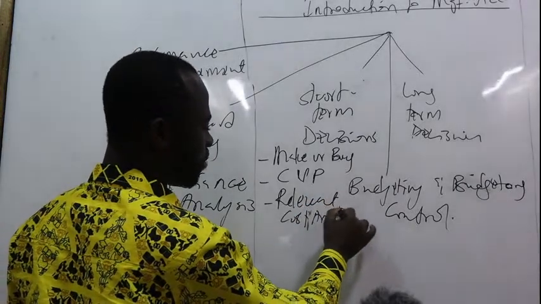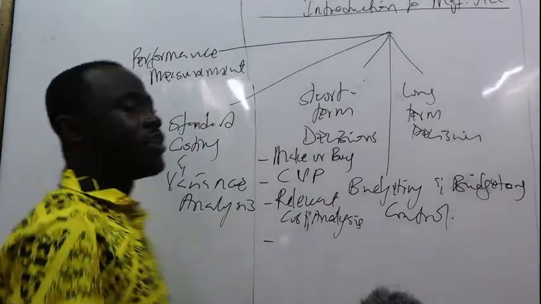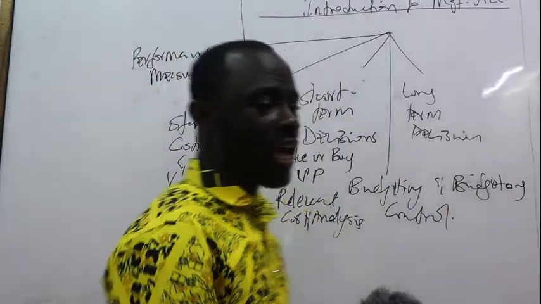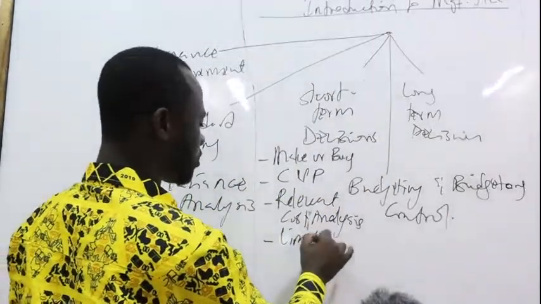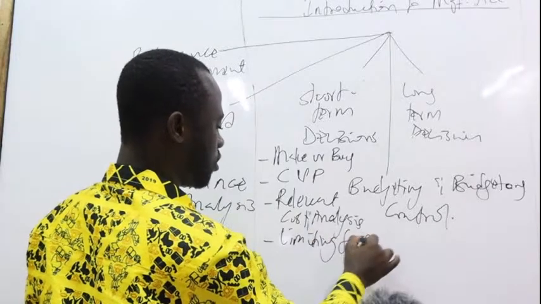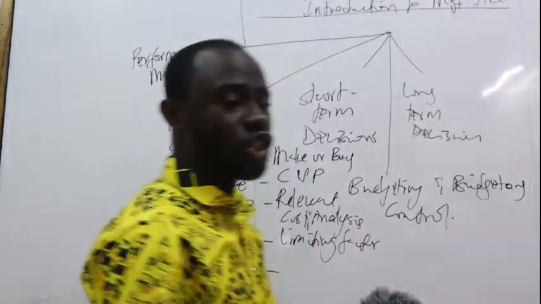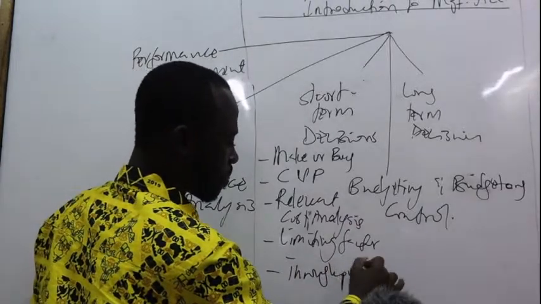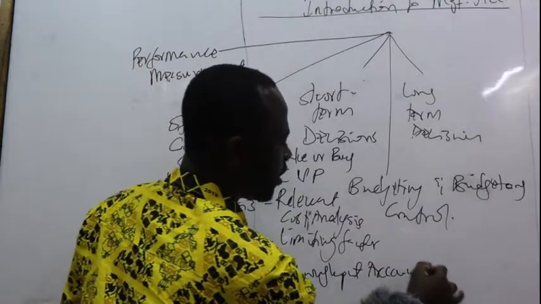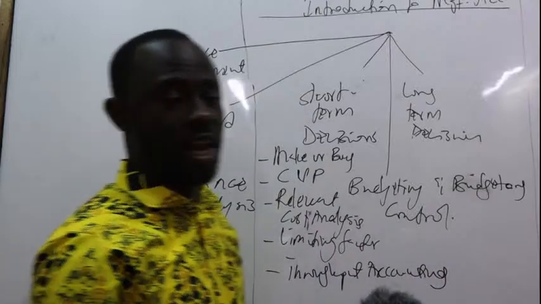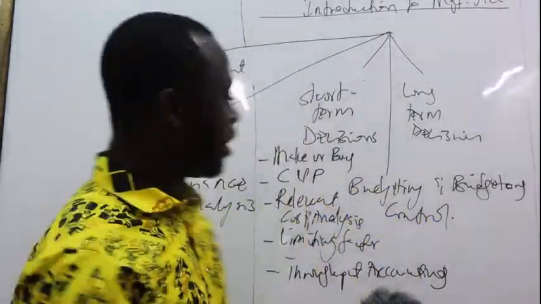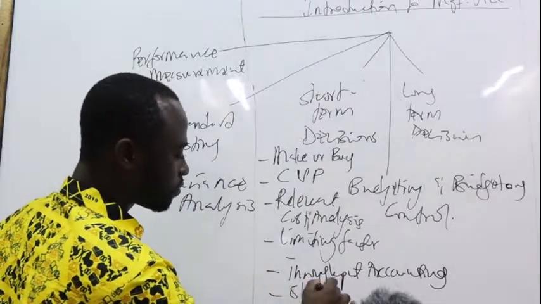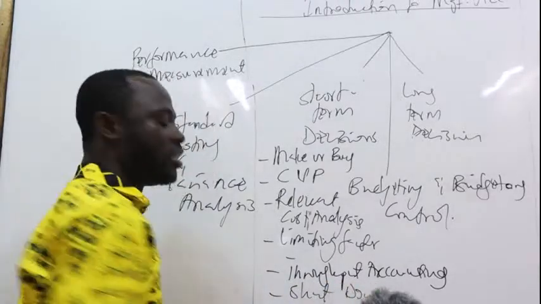Then limiting factor analysis, the throughput accounting ratio, throughput accounting, also a key area you need to understand, and shutdown decisions.